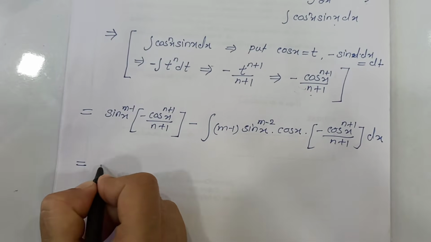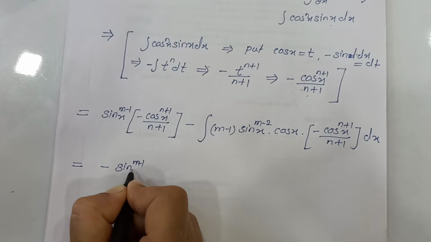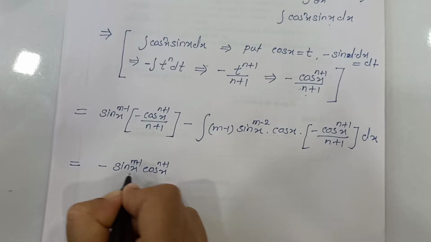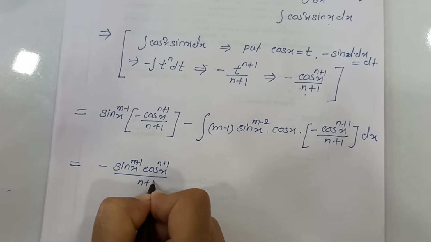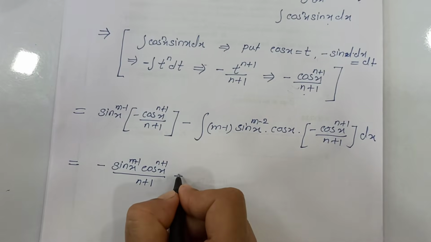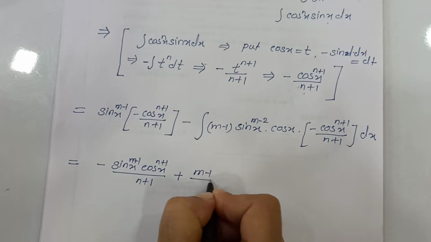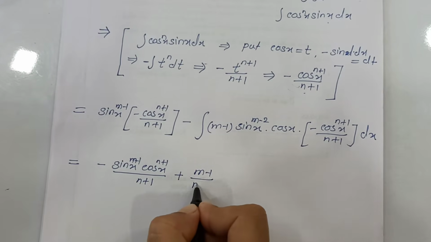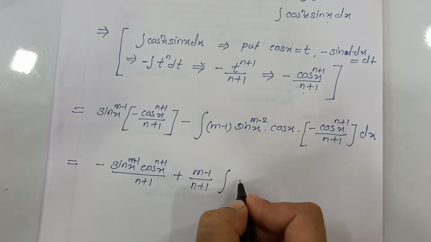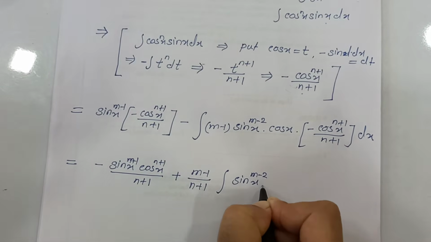Now in the next step we will simplify everything we have written. So here we have minus sin raised to m minus 1 x cos raised to n plus 1 x upon n plus 1. Then this minus and this minus will become plus sign here. Then I will pull this m minus 1 outside. Then from the denominator I will pull n plus 1 outside. In the integration sign we have sin raised to m minus 2 x.